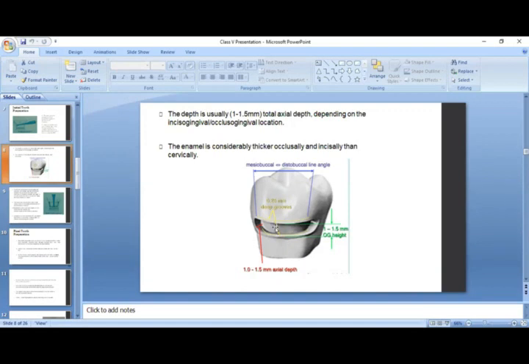The retention grooves retain the restoration in the tooth structure. If we fail to produce these two retention grooves, especially for amalgam restoration, the restoration will ultimately come out, not because of the cavity design, but because we failed to produce the retention grooves.